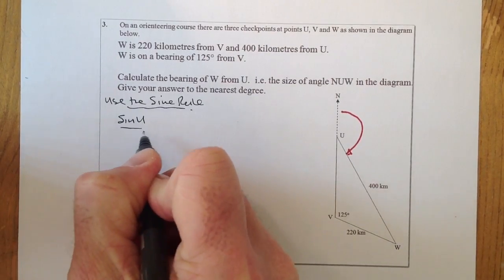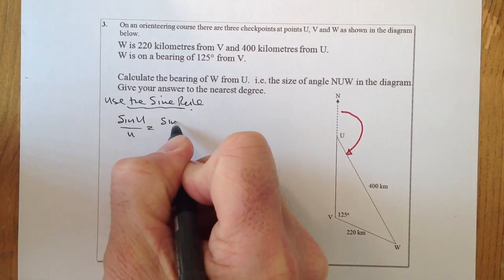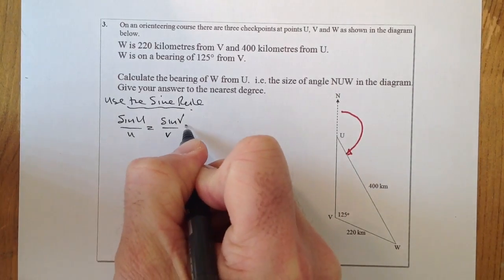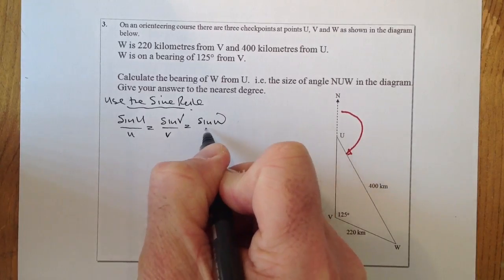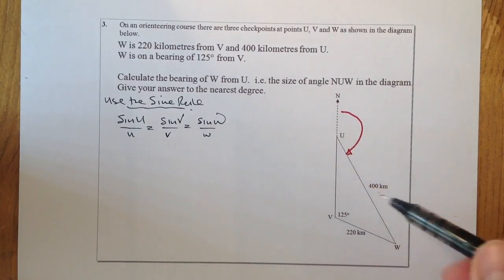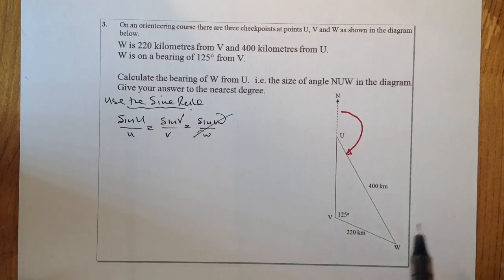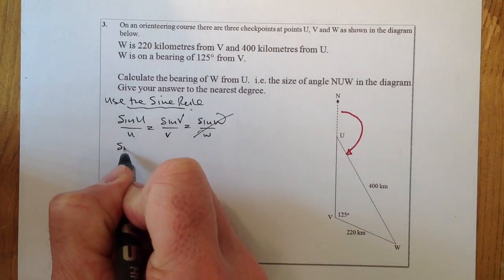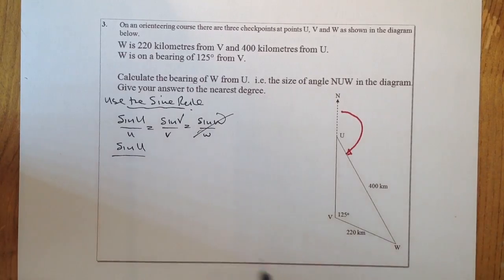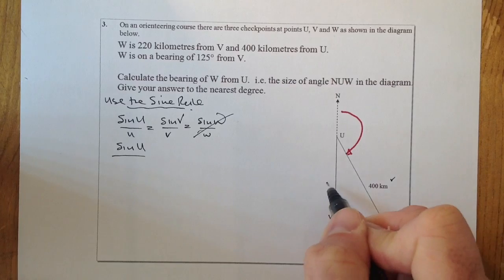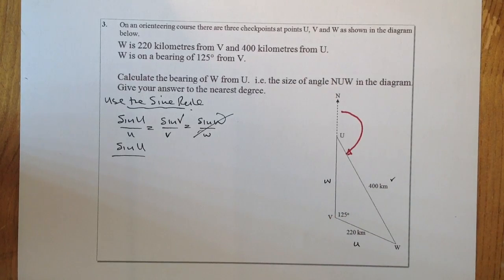So I've got sine U over U is equal to sine V over V is equal to sine W over W. Now with W, I don't know anything about that at all, so I'm not going to use it. I'm just going to use these two in my calculation. Let's do our substitution. U is the side across from here, V is the side across from there, and W is the side that's there.